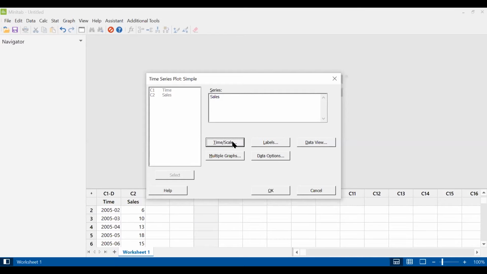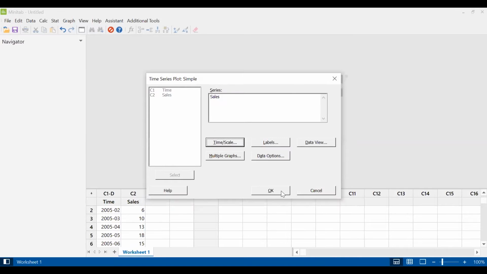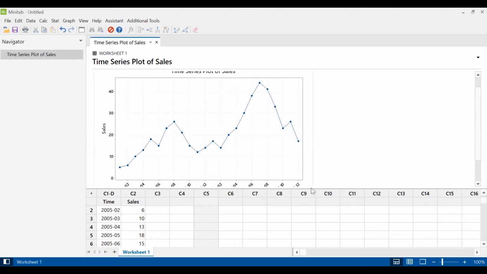In this case, let's put the timestamp there, so that we can tell where is one full round of the year, and when the second year starts. So I'm gonna double click on time. Click OK. OK again. So there we go. That's our time series plot.